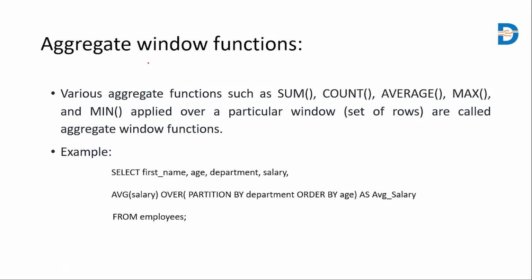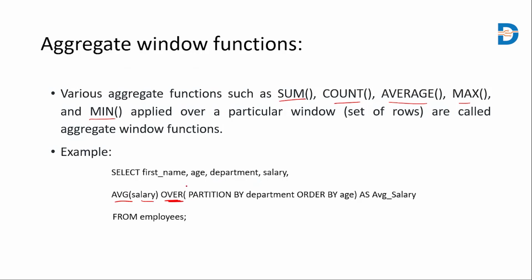So what are aggregate functions? Aggregate window functions use various aggregate functions such as sum, count, average, maximum, and minimum. All those aggregate functions we can apply over a particular window, a set of rows, and these are called aggregate window functions. Example: SELECT first name, age, department, salary, AVG salary OVER.